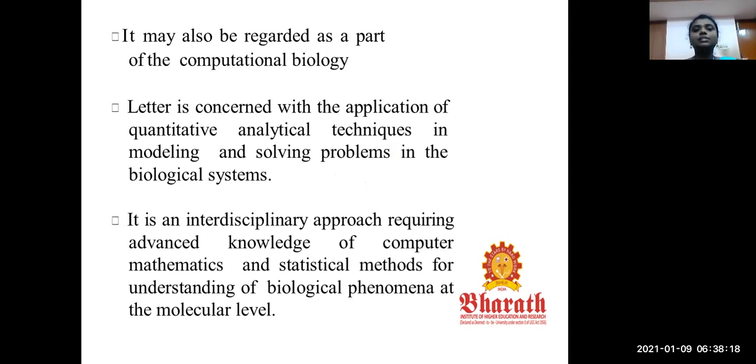It is concerned with the application of quantitative analytical techniques in modeling and solving problems in biological systems. It is an interdisciplinary approach requiring advanced knowledge of computer science, mathematics, and statistical methods for understanding biological phenomena at the molecular level.